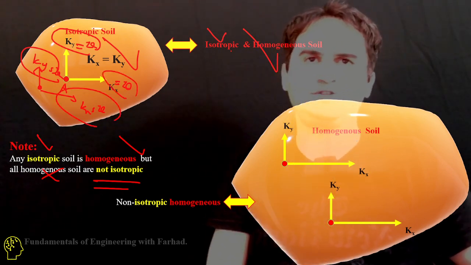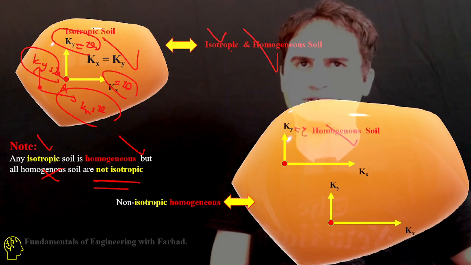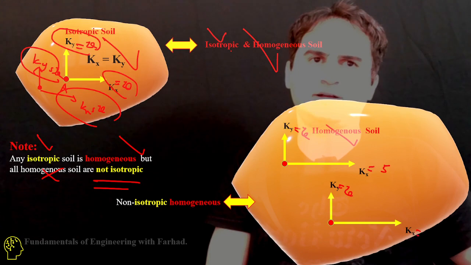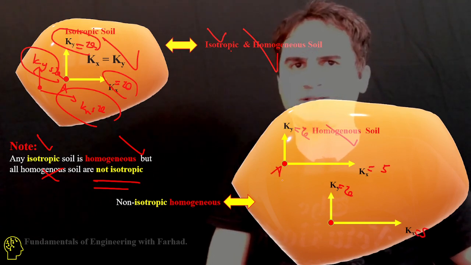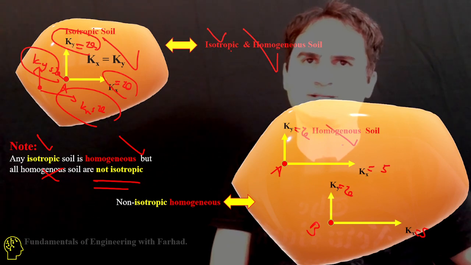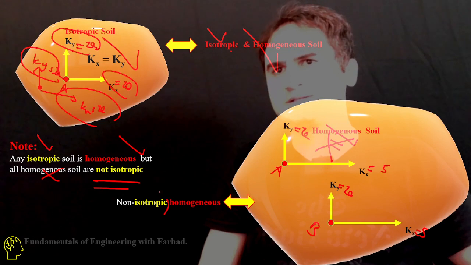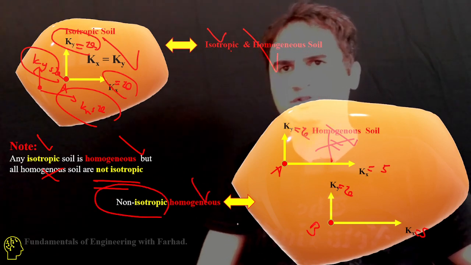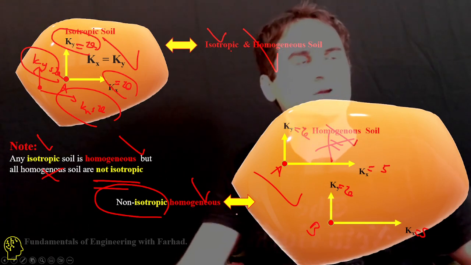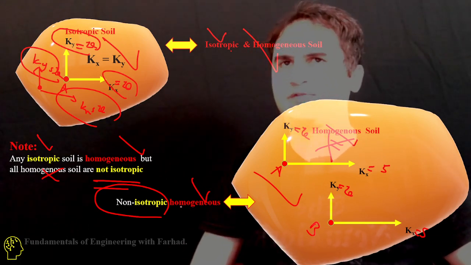But for homogeneous soil, if Ky is 10 and Kx is 5 for both points A and B, definitely, because Kx is not equal to Ky, this is not isotropic. So this is a non-isotropic but homogeneous environment, again in 2D, and the same concept applies in 3D.